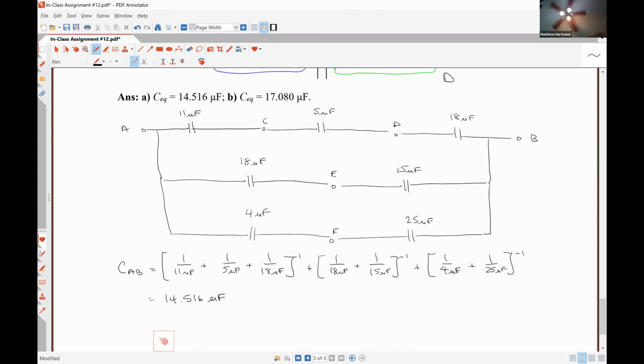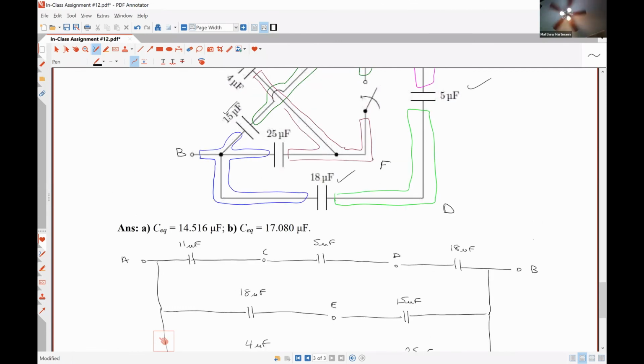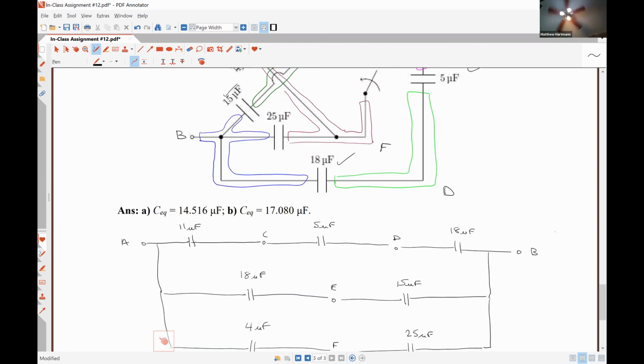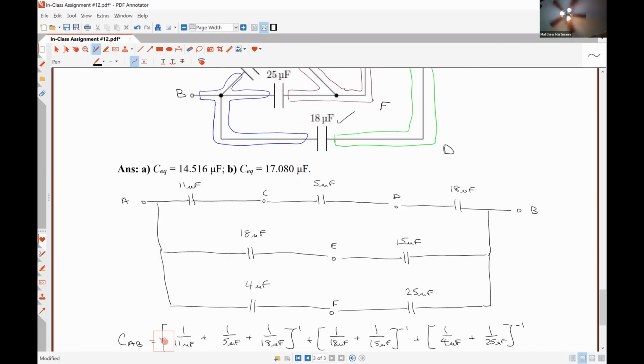So my question to you guys now is, how is this circuit going to change when this switch closes? Nodes E and F become one node. Right, so I could modify my current drawing to this. Pretty simple. Yeah, and then we could approach this one.